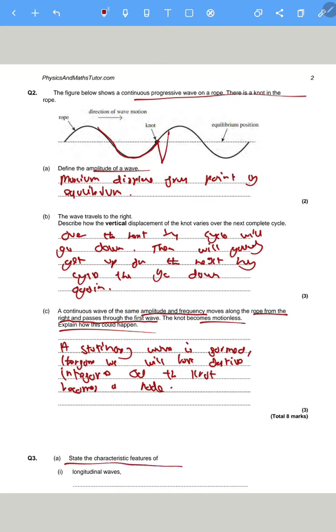State one characteristic feature of a longitudinal wave. The characteristic feature of a longitudinal wave is that particles vibrate parallel to the direction of propagation.